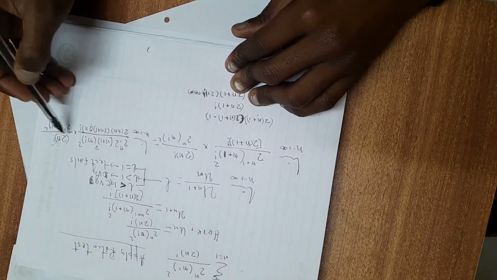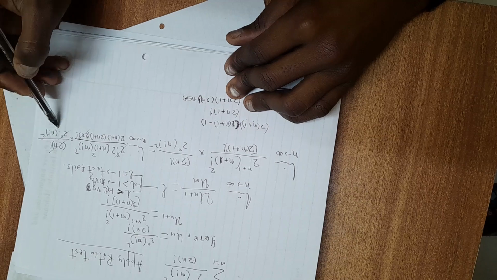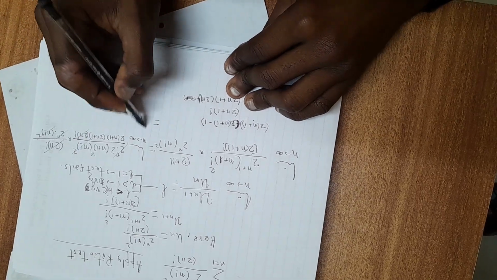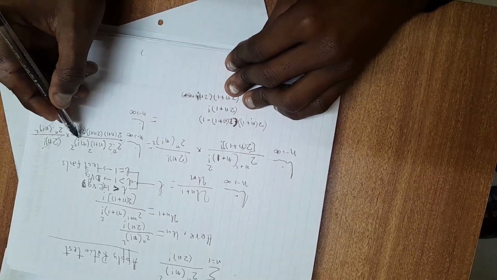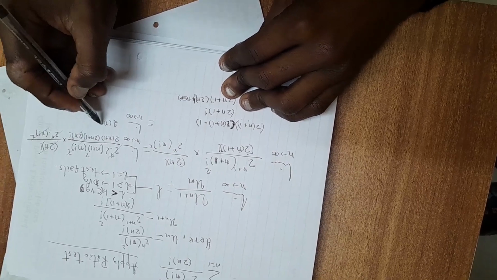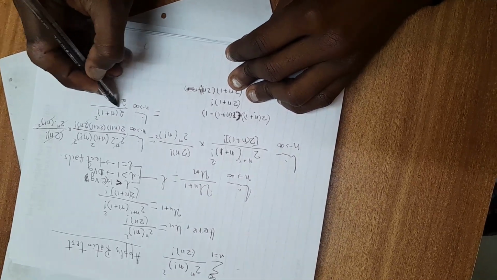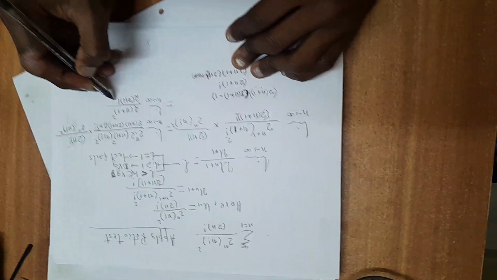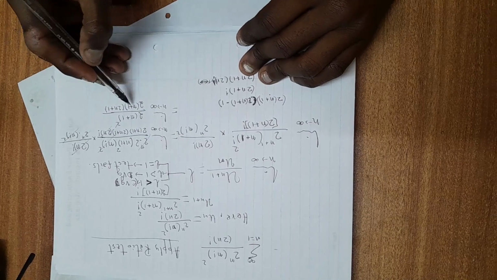Now see, the simplification will go on. This and this, this and this cancel. What will I get? Here I get 2, n plus 1 squared upon 2n plus 1 times 2n. Can you see this? This can be simplified.